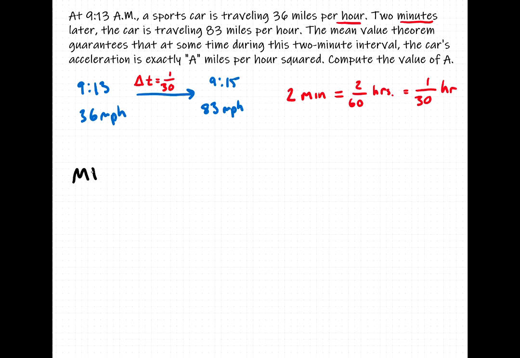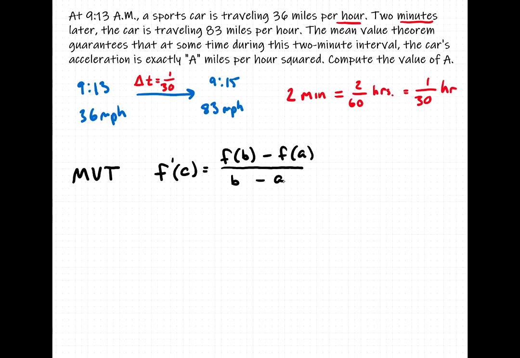All right, and so now we have the mean value theorem. The mean value theorem says that f prime of c is equal to f of b minus f of a divided by b minus a.